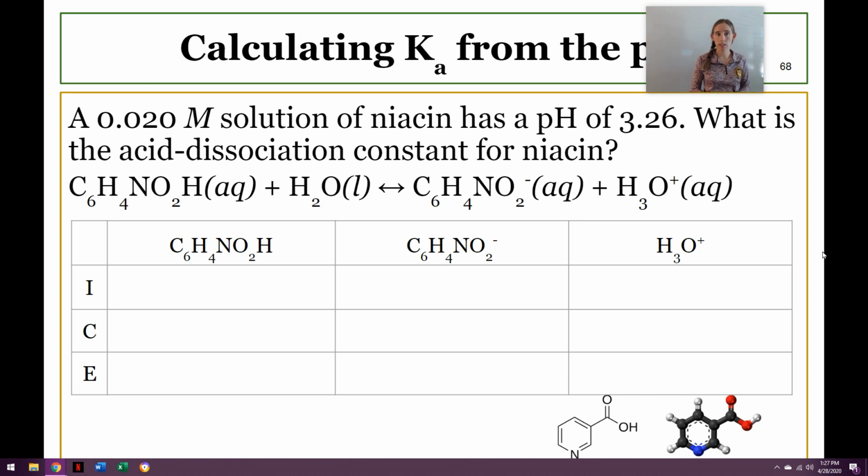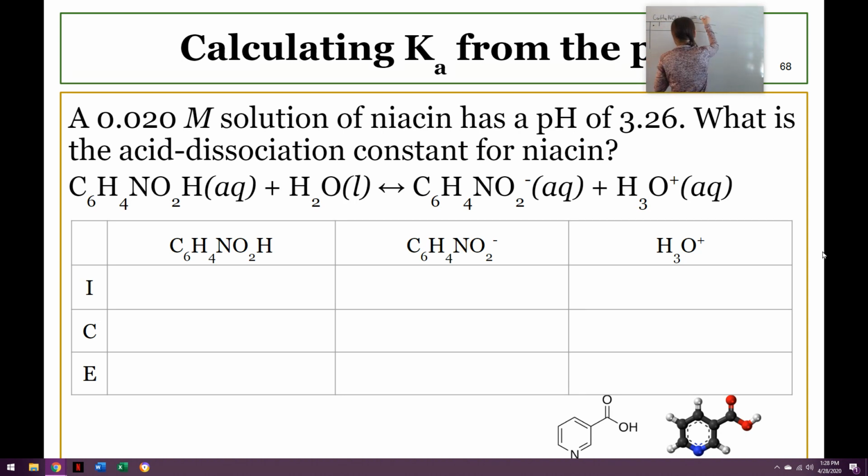Well, niacin, it says, is 0.02 molarity. That is originally or initially before dissociation happens. So that is where we put that at the top for your I, or initial. We're not going to abbreviate anything. We're going to ignore water for right now because it's not going to be in your ICE table.